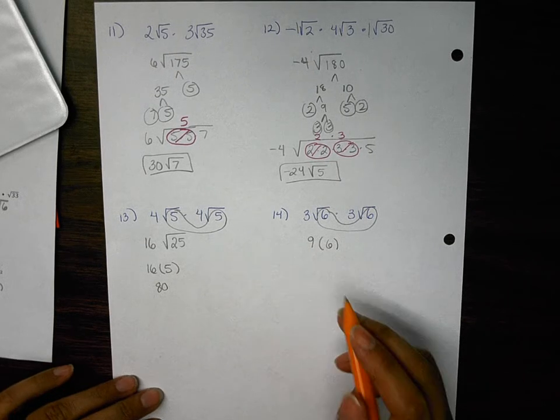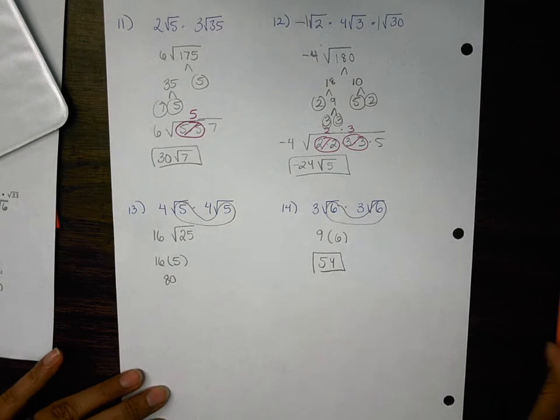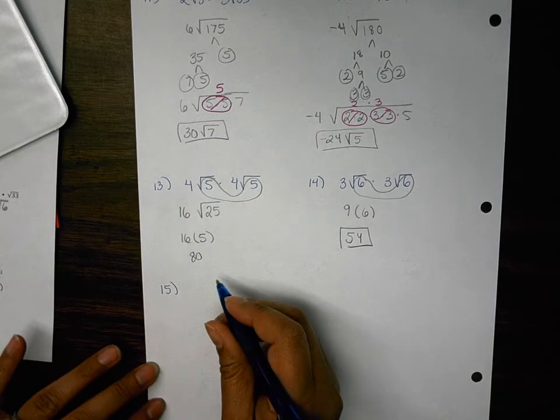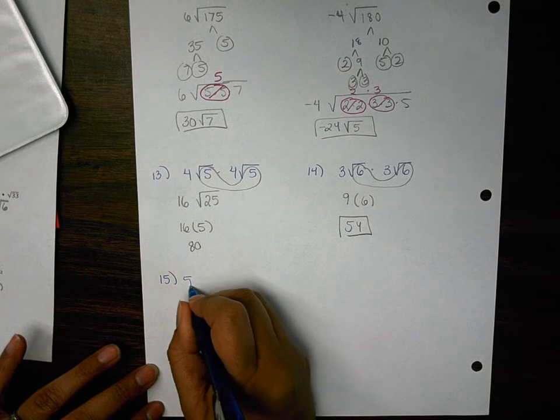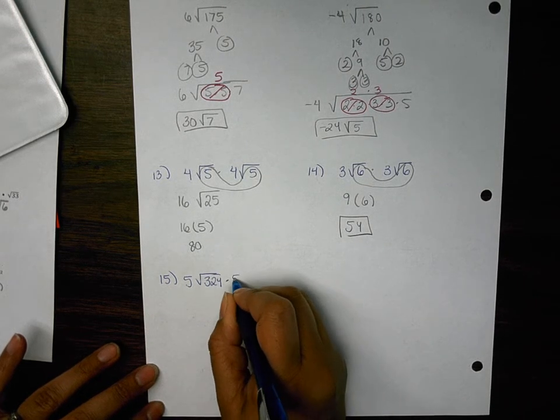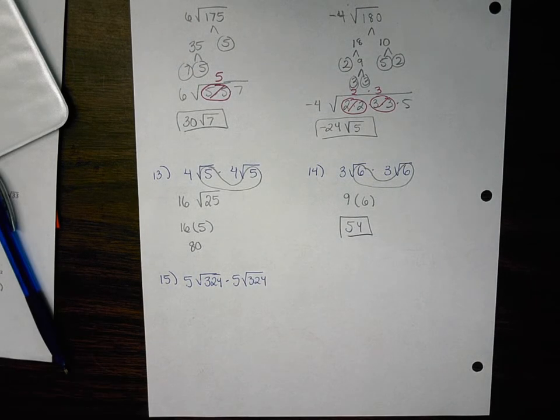And it's nice to know that little trick because when you have something like this, number 15, which is 5 root 324 times 5 root 324. This part's easy. What's 5 times 5?